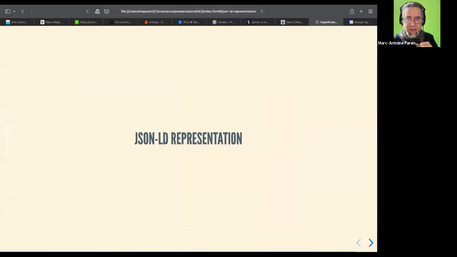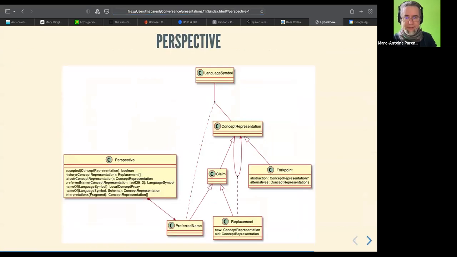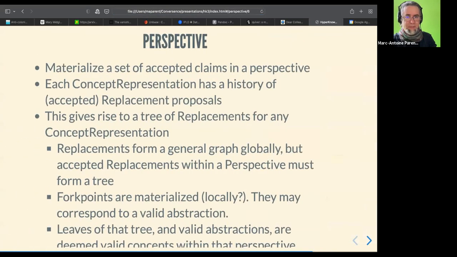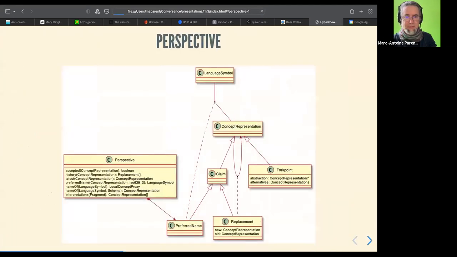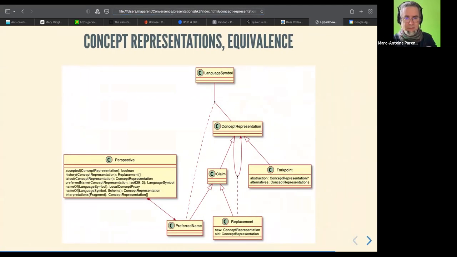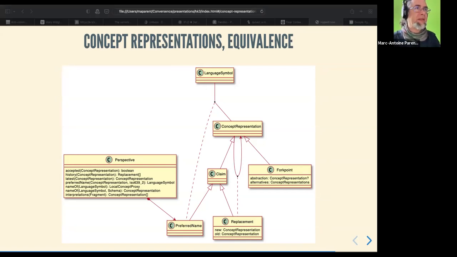Oops, is there a slide missing? No, this looks like... Okay, there is a slide missing. Is there an error? Yes, there's an error. Brilliant, sorry. I was working on this. No class language symbol. Okay. Concept equivalence.